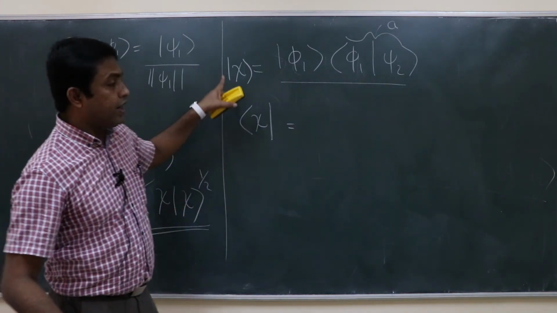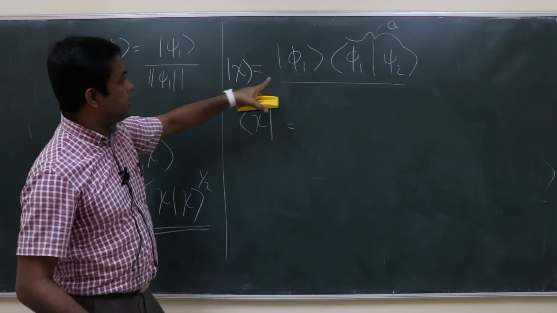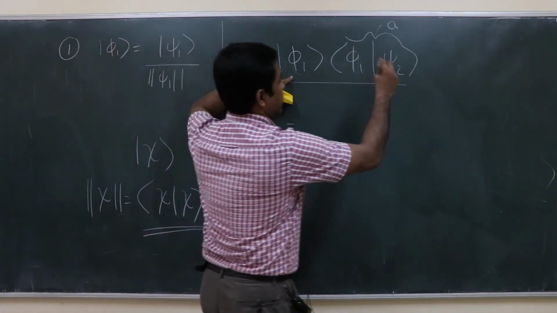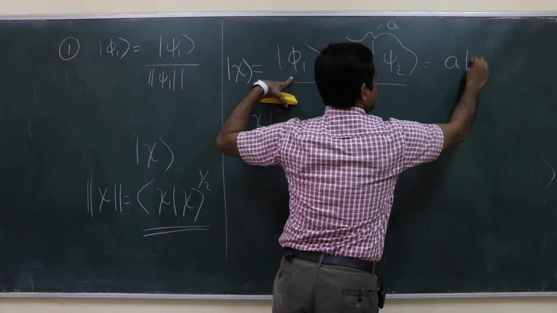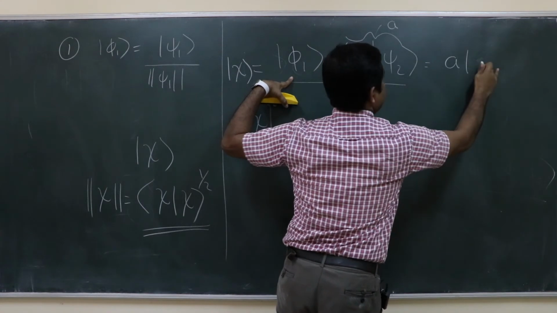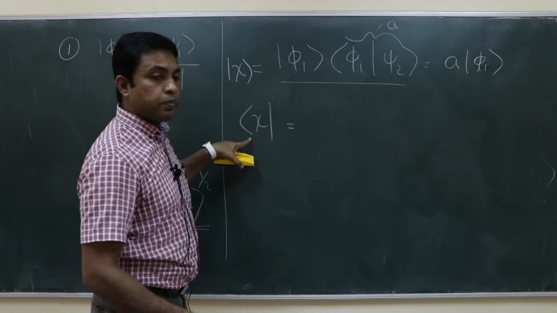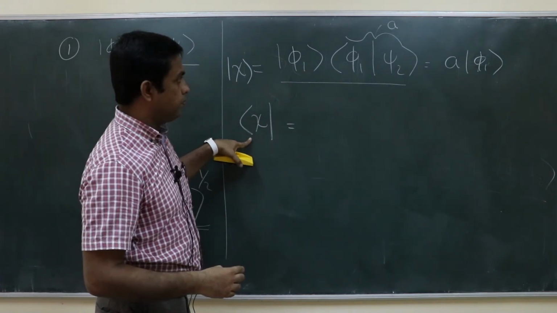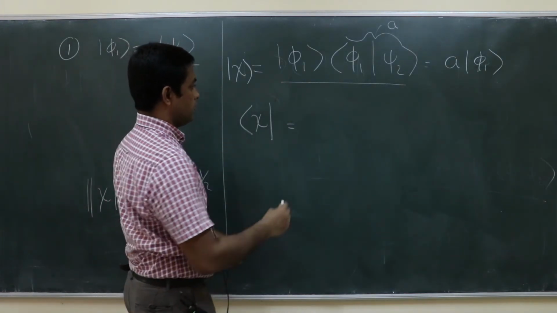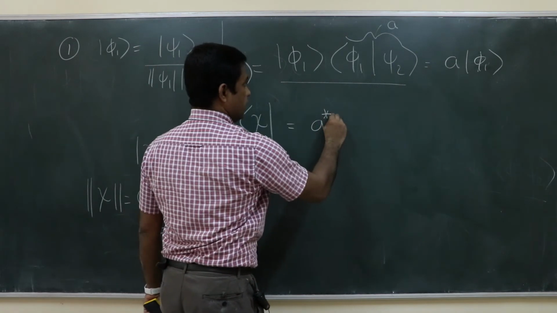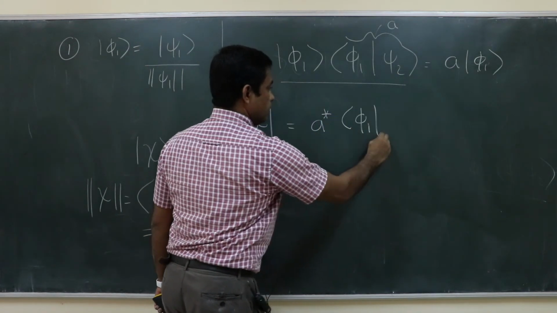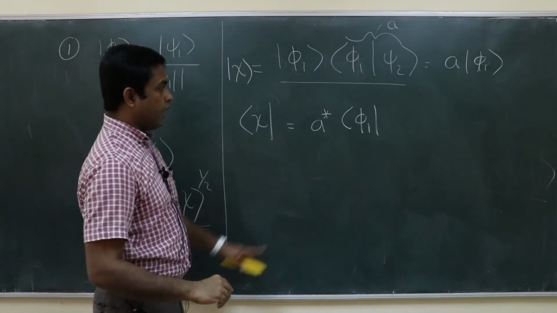Yeah, so if I call this ket chi as ket phi 1 A, so this is nothing but A phi 1. So if that is chi, what is bra chi? A conjugate bra. Fine, right? So what is A star?